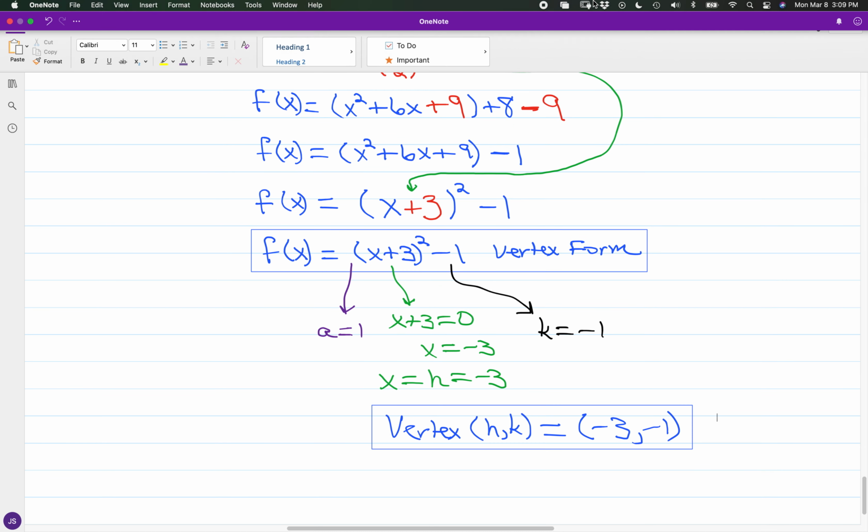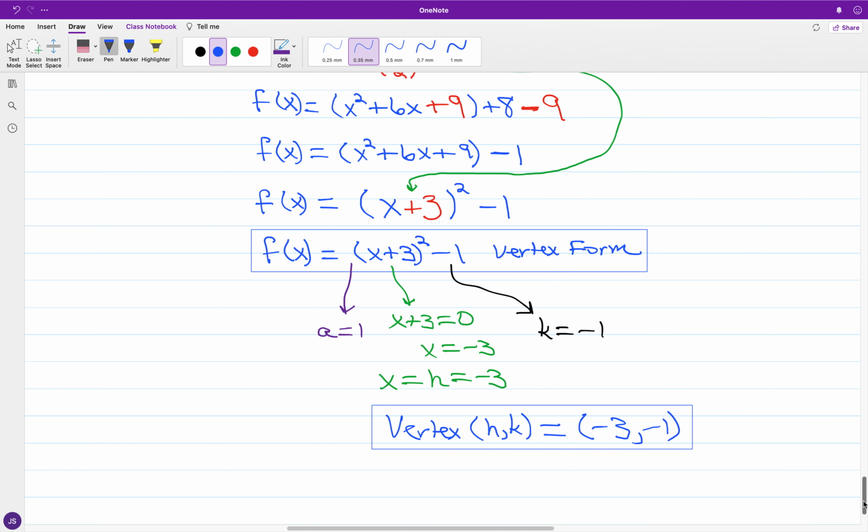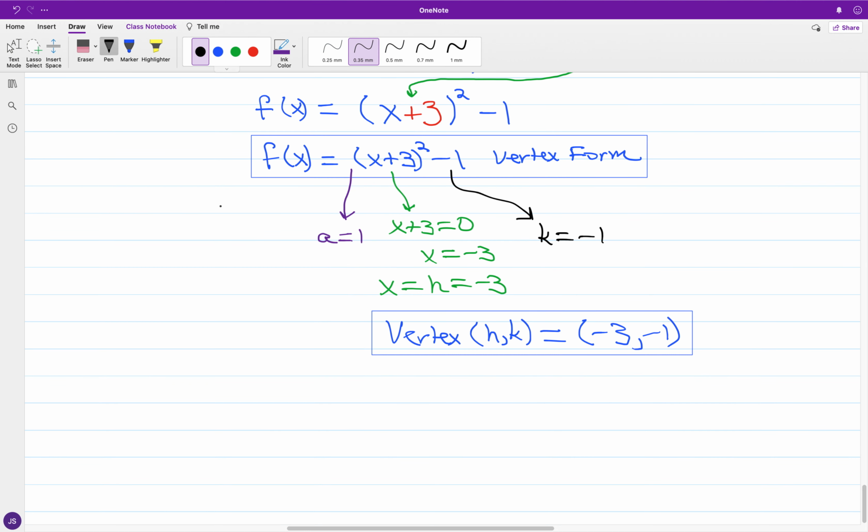Okay, and just another quick instance. So if I'm looking at converting f of x is equal to x squared minus 8x minus 20 to vertex form.